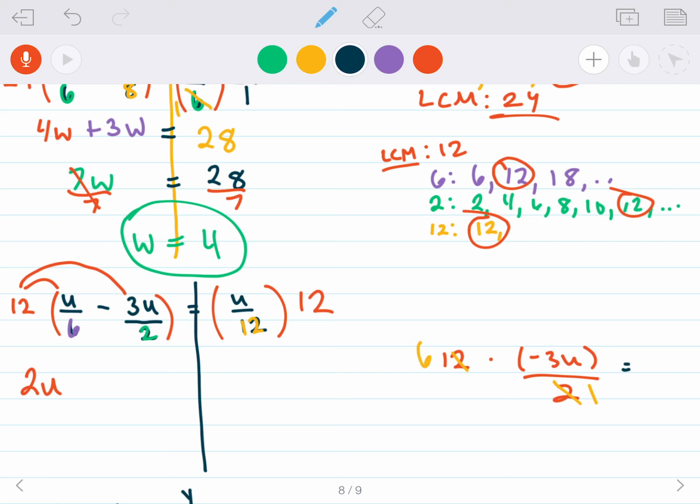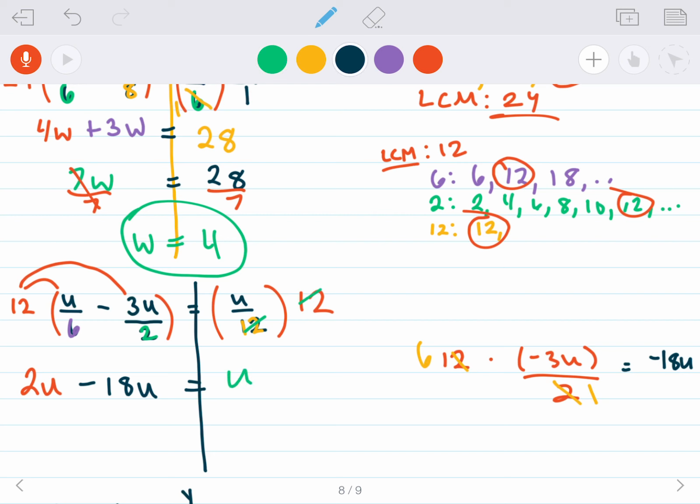Multiply straight across, and you get 6 times negative 3u is negative 18u. So we're done getting rid of fractions on the left side. On the right side, these cross divide to 1, and we're just left with u.